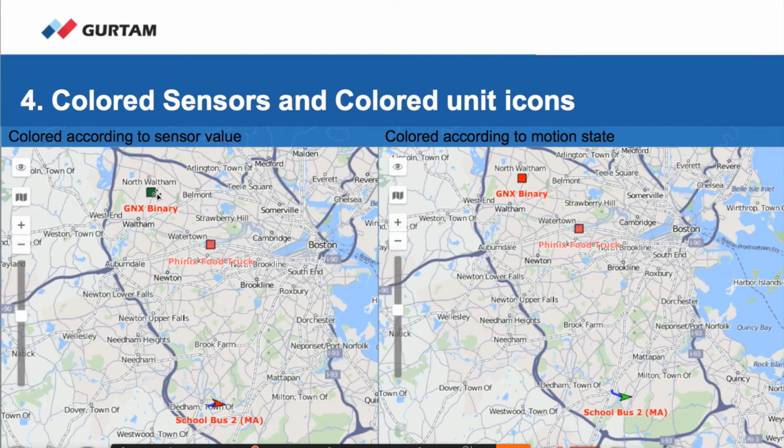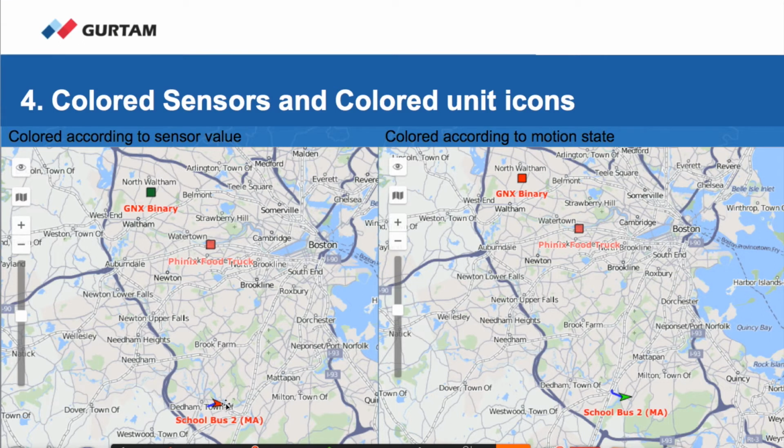So the GNX binary unit is colored in green because it's available right now and sending us some status with value 1, and in the unit properties of that sensor we decided to use that scale, those intervals and color settings that say, okay, when I'm available, let's use green color. When I'm not available, let's use red color. So here the school bus is moving, and even though it's moving, we're still coloring it in red, not in green, because it's not available.